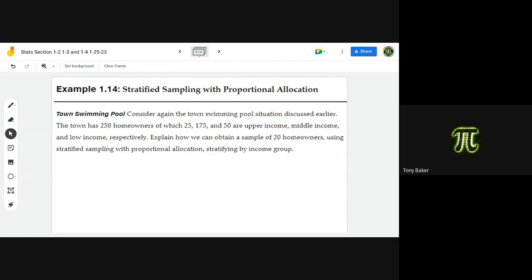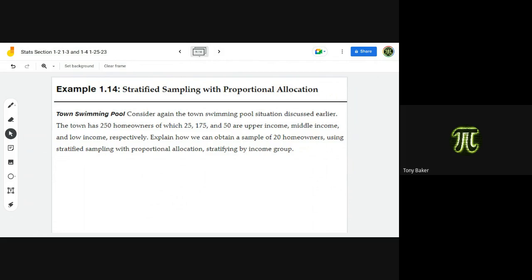So the town has 250 homeowners. Right there, did they already put a bias into this with the first statement they made? 250 homeowners. Because they own homes.